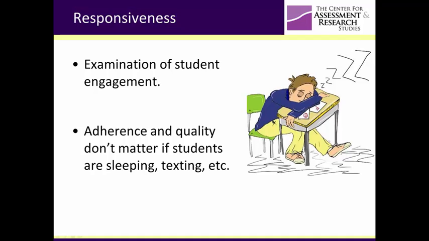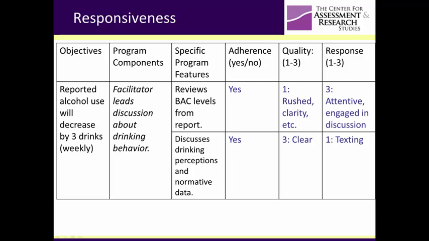For example, despite my best efforts and the quality, the clarity of the content and so forth, students who are sleeping, or texting, or whatever the case might be, cannot be expected to meet an outcome. Okay, so we need to look at student responsiveness. In this case, we've added responsiveness to the checklist.